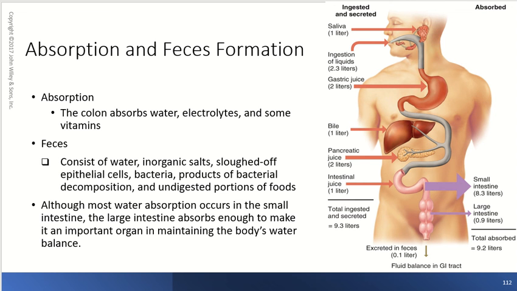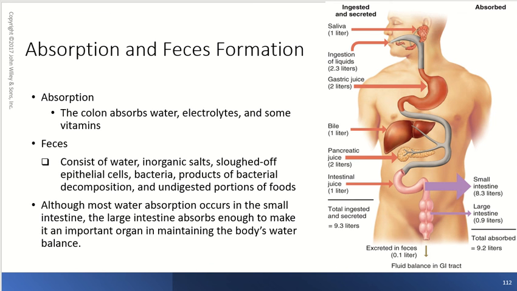So, moving on then to absorption and feces formation. The colon is going to absorb water, electrolytes, and some vitamins. Feces is going to consist of water, inorganic salts, as well as some sloughed off epithelial cells, some of those gut bacteria, the products of bacterial decomposition, and any undigested portions of food.